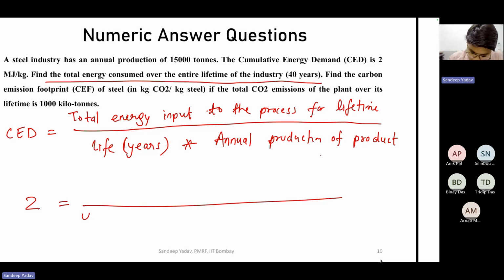We have a few data points given. The lifetime is 40 years. Annual production is 15,000 tons.